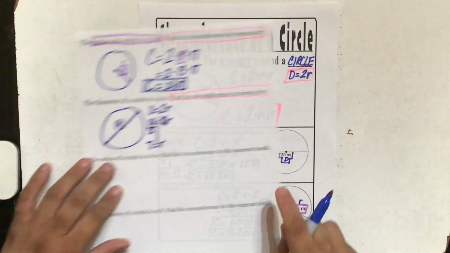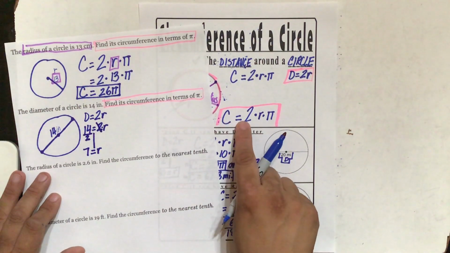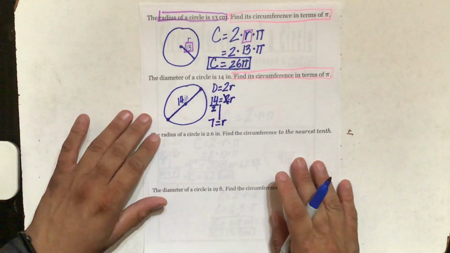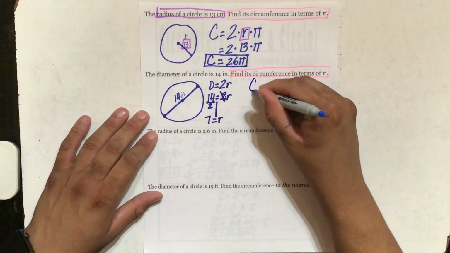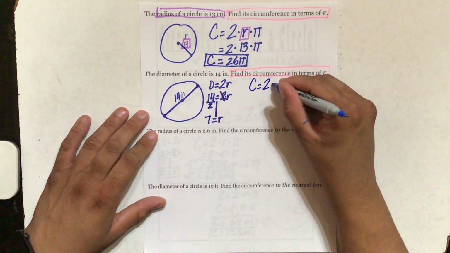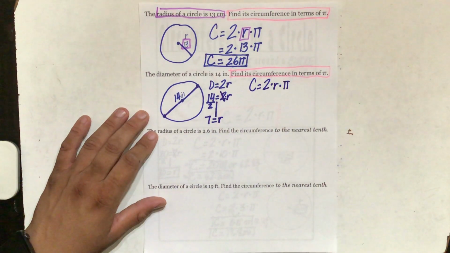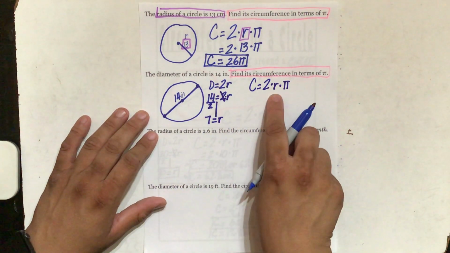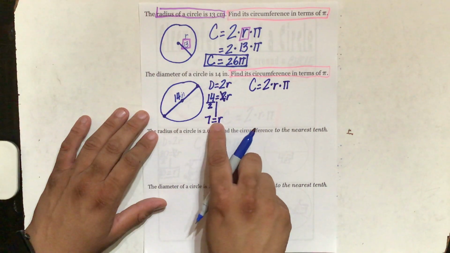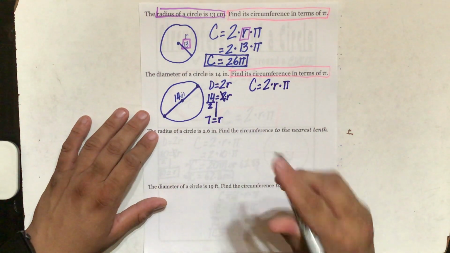The formula for circumference is C equals 2 times r times pi. Now I'm just going to substitute because I know what r is. R is equal to 7.